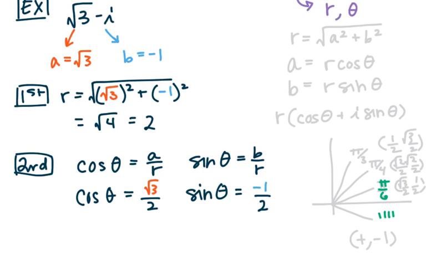And you should all say 11 pi over 6. So this lets me know that theta is equal to 11 pi over 6. Or we could say 330 degrees, depending on how we consider this.